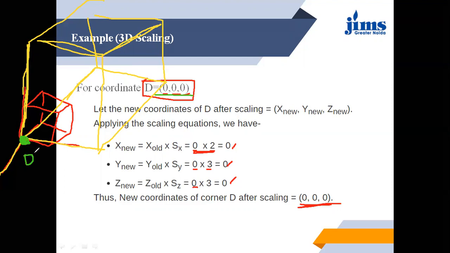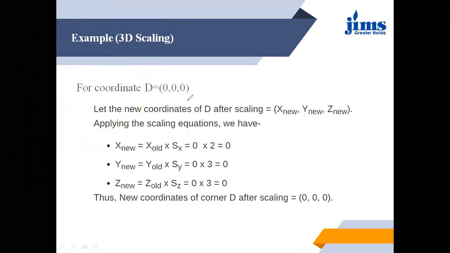Here also one point, that is D, remains the same. The other coordinates of the object are changing. So the new coordinate of D is also 0.